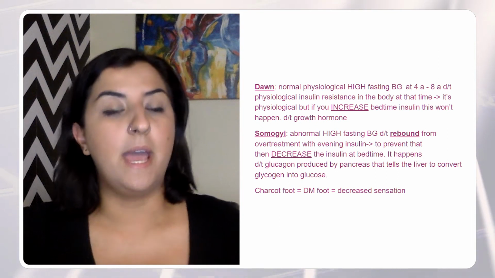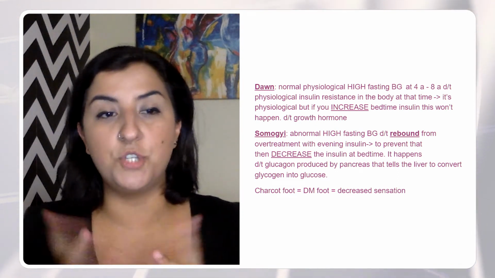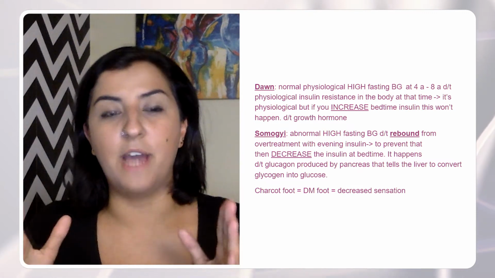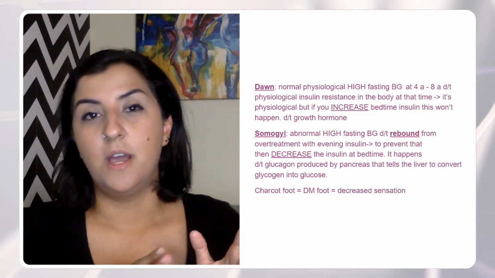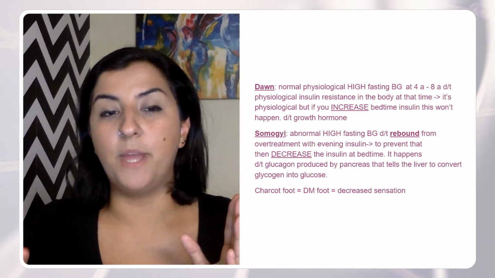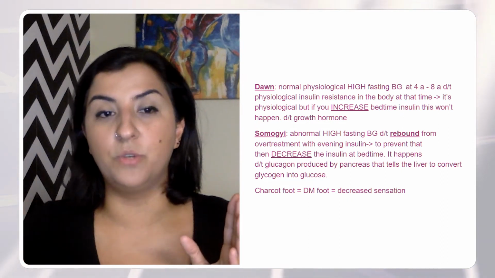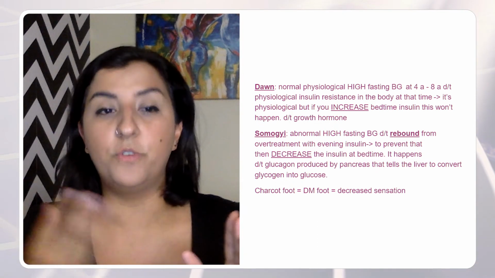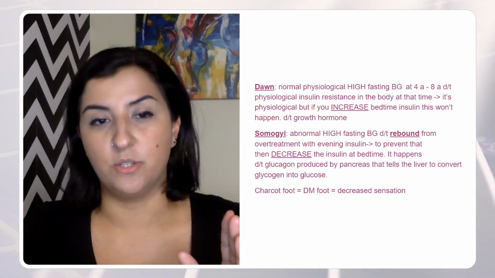Okay, and then Somogyi is abnormal high fasting blood glucose. So you wake up and you have a very high blood glucose level because you had a rebound from an over-treatment with evening insulin.